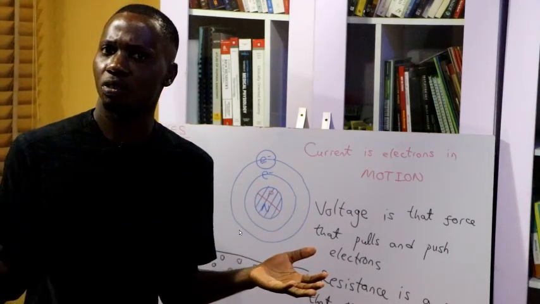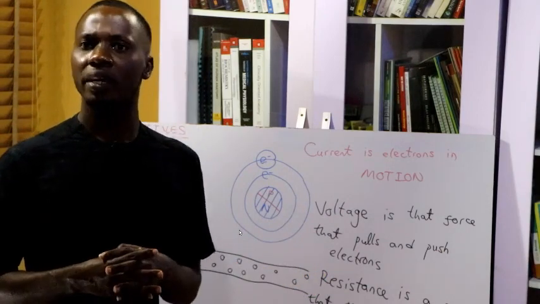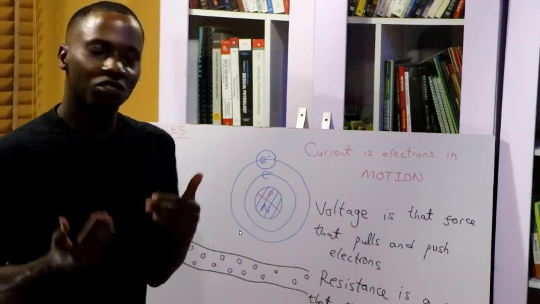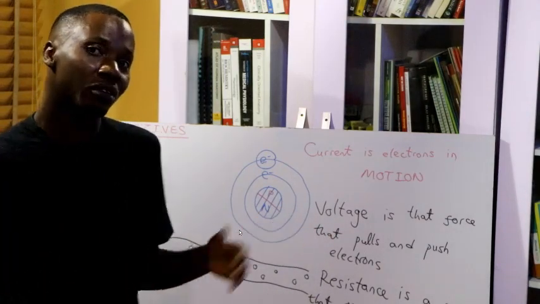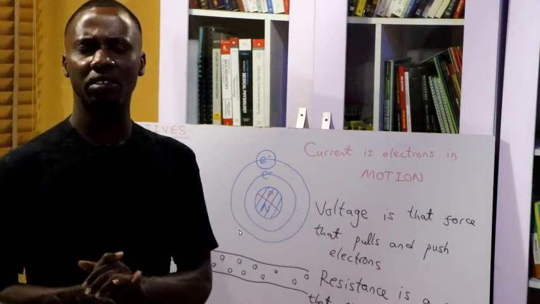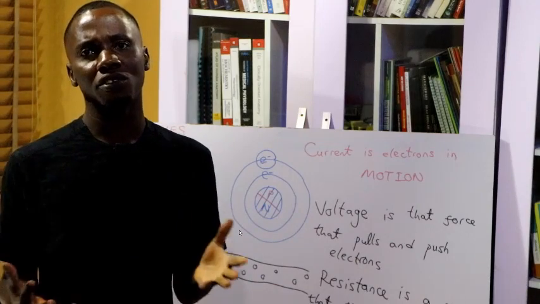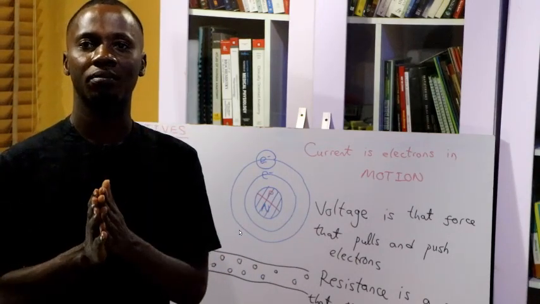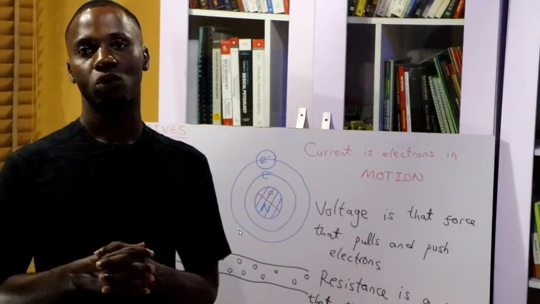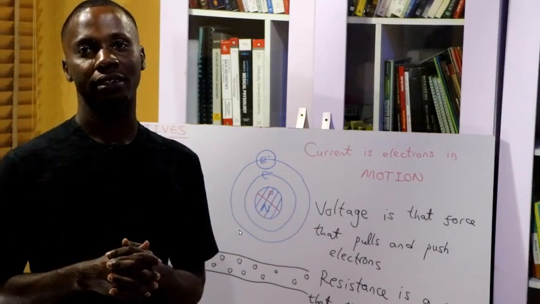What can make electrons move? Voltage. Now, once electrons can move within a material, within a conductor, the particles of that material will tend to push the electrons back. Alright? And that is what resistance is about.